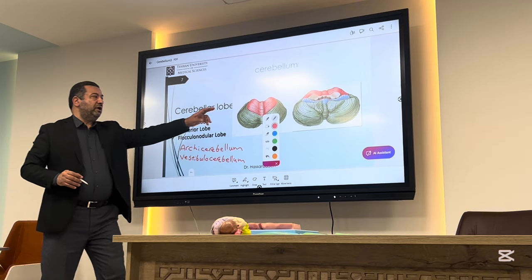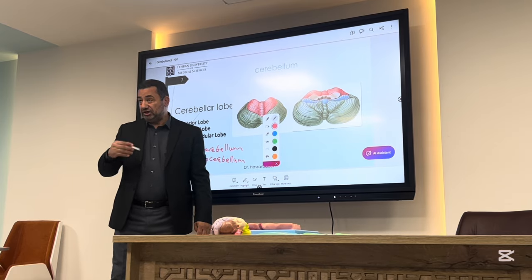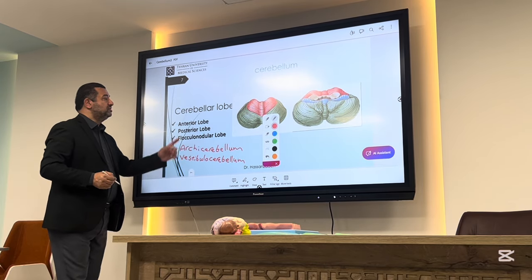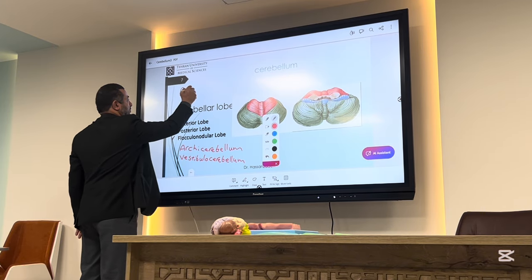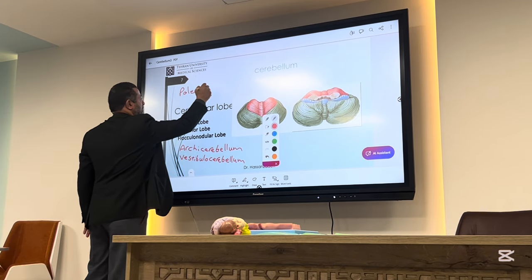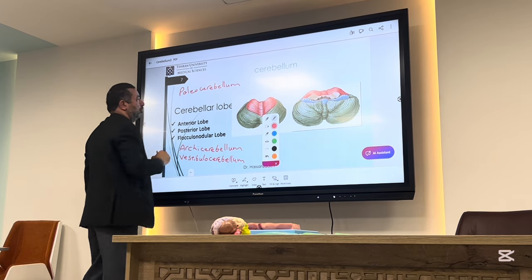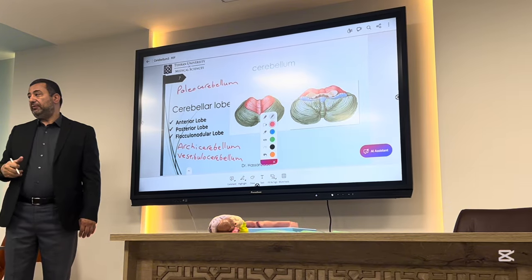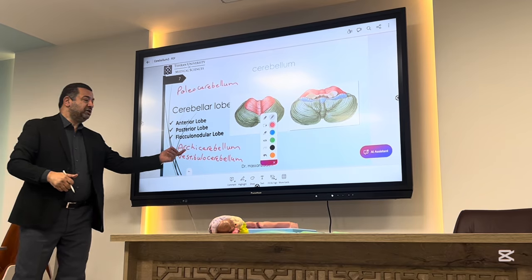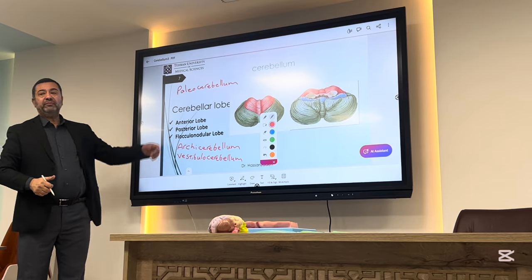Anterior lobe of the cerebellum is called paleocerebellum, or old cerebellum. Archi means ancient and paleo means old.